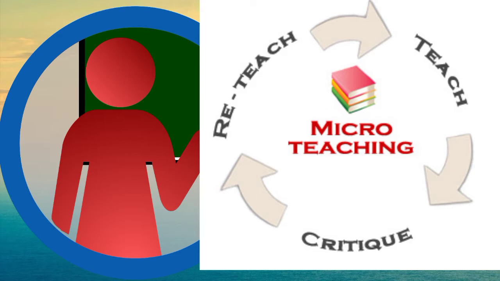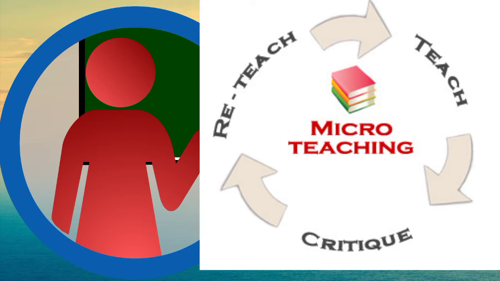After getting feedback from the supervisor and observers, again that trainee student is going to replan the lesson, then reteach that lesson, then again get feedback from the supervisor, that means the lecturer, and also from the peer group, that means the observers.